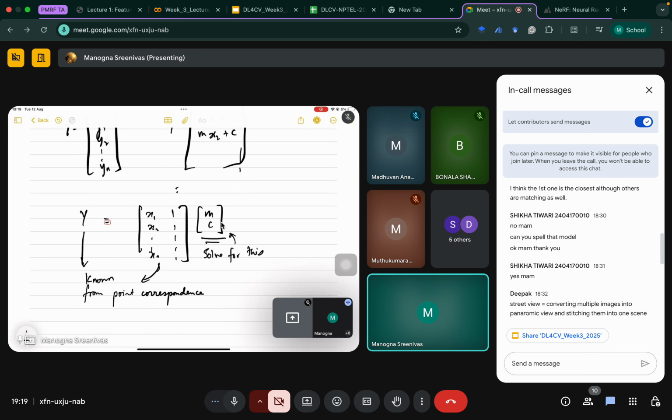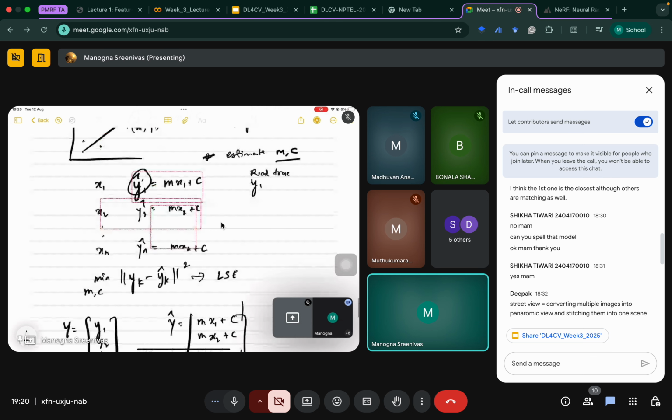Is it clear how this least squares is formulated in this case?